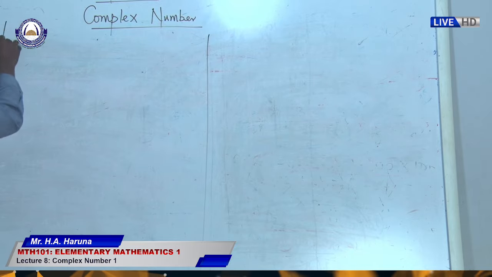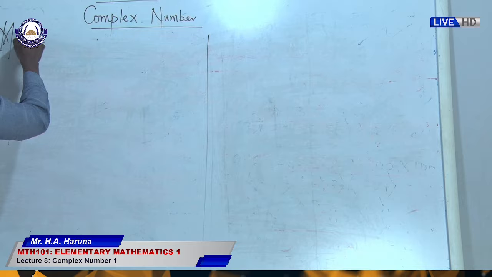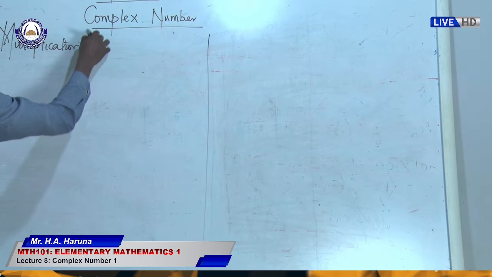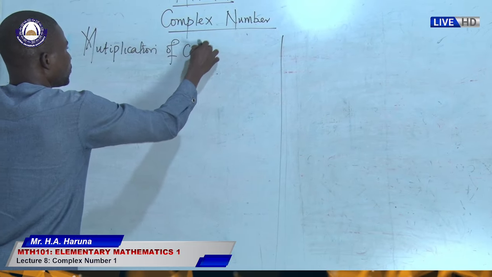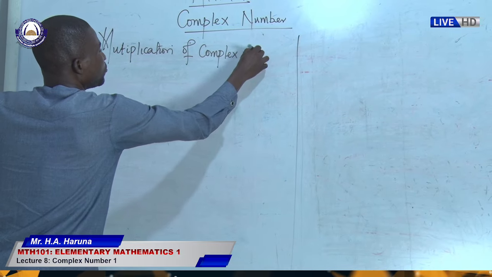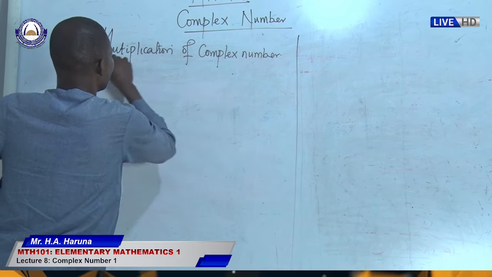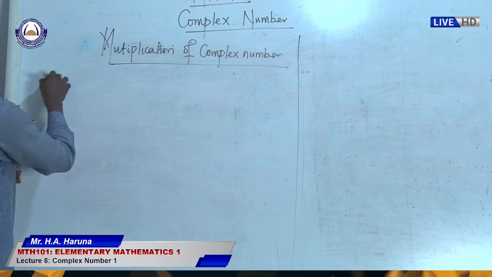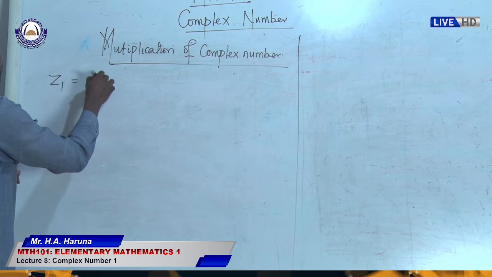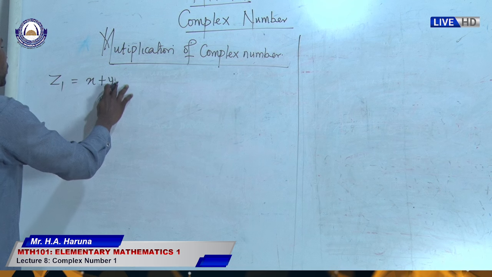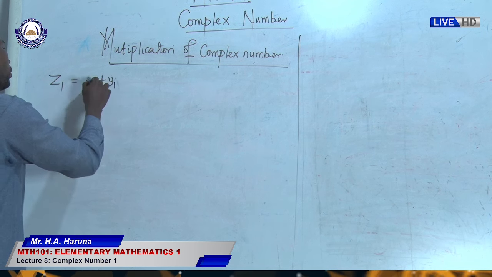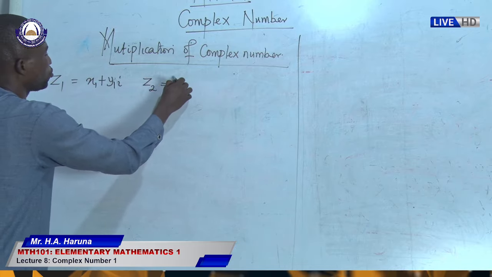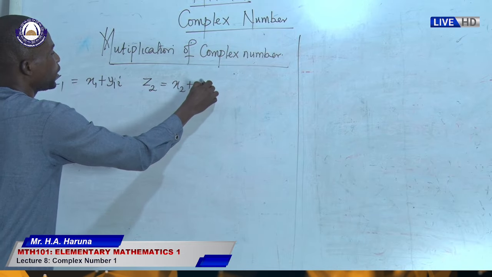So the multiplication of complex numbers. I will still continue with our z. Recall that z1 equals x1 plus y1 i, then you have z2 equals x2 plus y2 i.